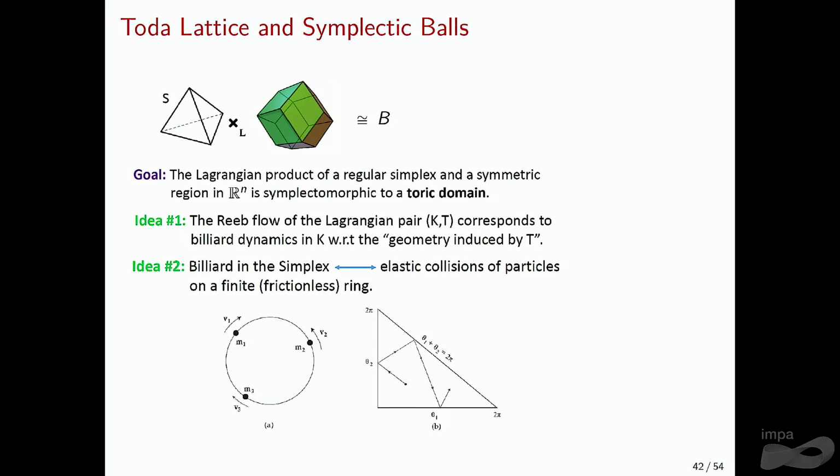The second idea in the proof is that billiard dynamics in the simplex, or billiard dynamics in a triangle, has a very nice physical model. It corresponds to the motion of, or to the elastic collisions of particles on a finite ring. You can see here kind of the picture.